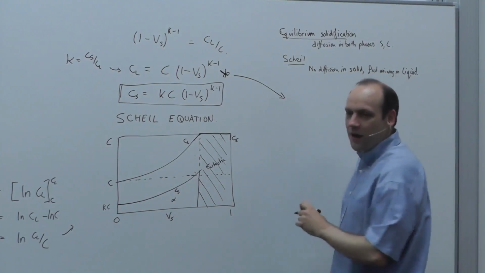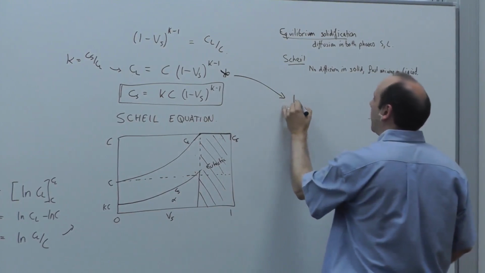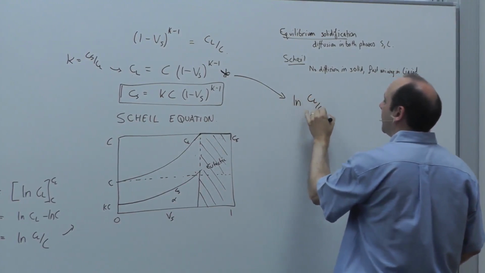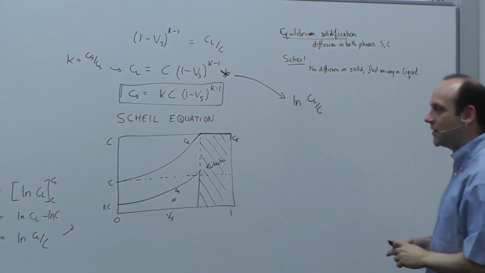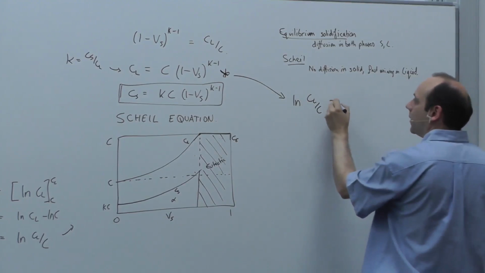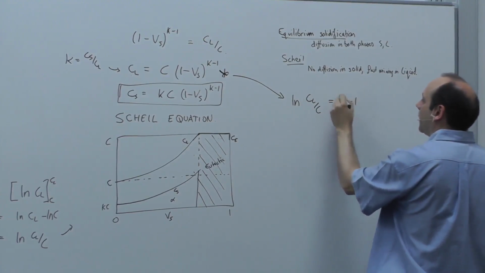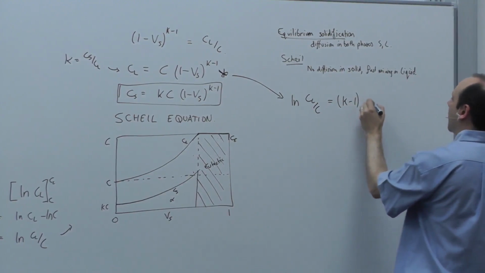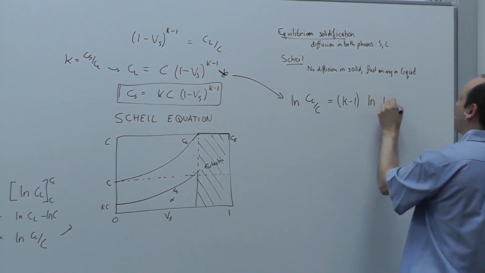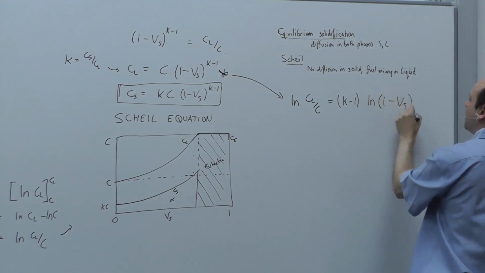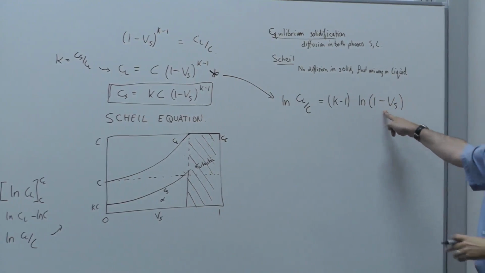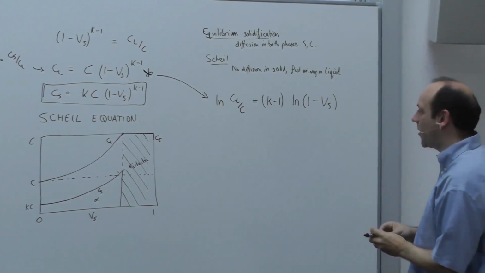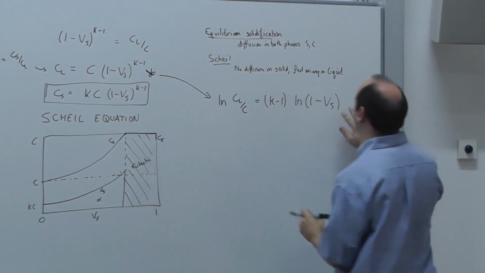So we can say that, in fact, we'll take logs again. We'll say that the log of Cl over C is equal to K minus 1 times the log of 1 minus Vs. So that's the log of 1 minus Vs. But that's equal to the volume fraction of liquid. And at the eutectic point, that's the volume fraction of the liquid that turns into eutectic.